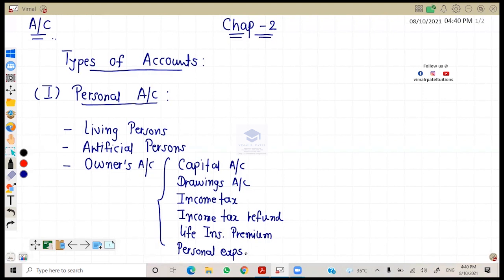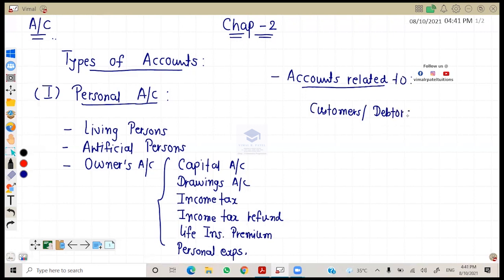Then in personal account, accounts related to customers, or you can say debtors, from whom we have to receive money, or accounts related to suppliers, creditors, to whom we have to pay money.